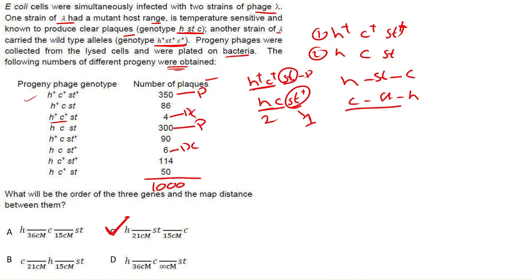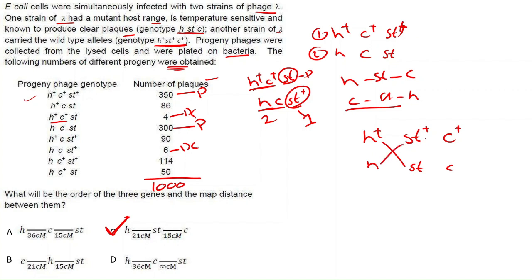So now we arrange the parents as per the gene order. The parents will be H plus, ST plus and C plus, then H, ST and C. To find the recombination or the distance between H and ST, you have to find the single recombinant product between H and ST. So what is the single recombinant product between H and ST?